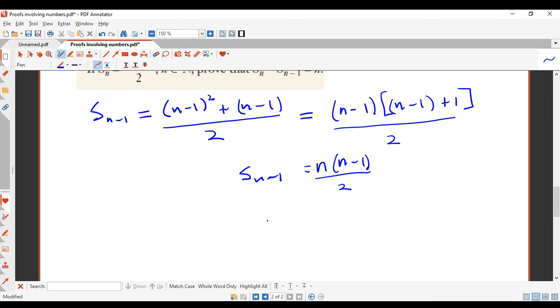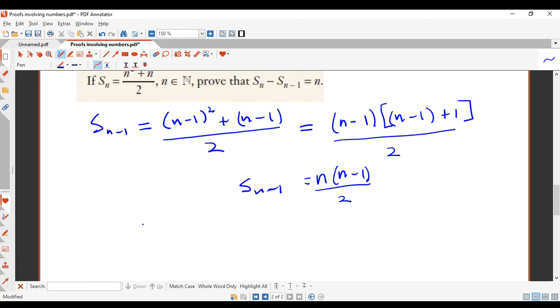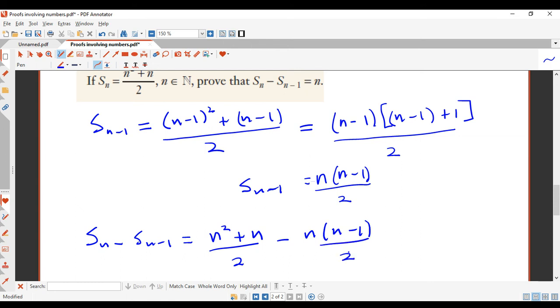Now we've got to find the difference between those two, so S_n minus S_(n minus 1) will be n squared plus n over 2, minus n outside of n minus 1 on 2.